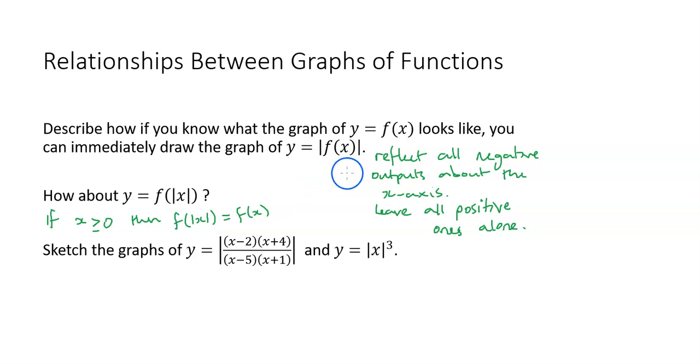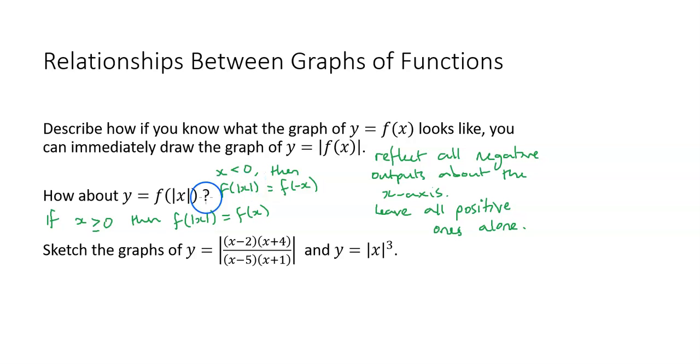So everything to the right of the y-axis stays the same. But if x is less than 0, then f of the modulus of x is equal to f of negative x, because in that case the modulus of x is equal to negative x.